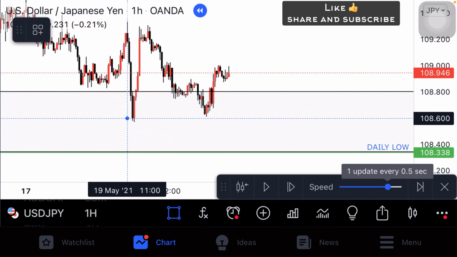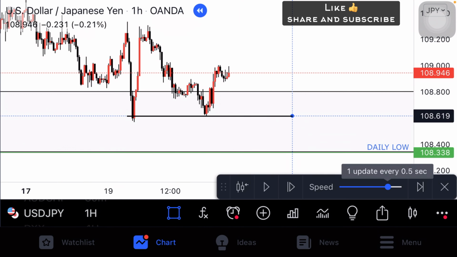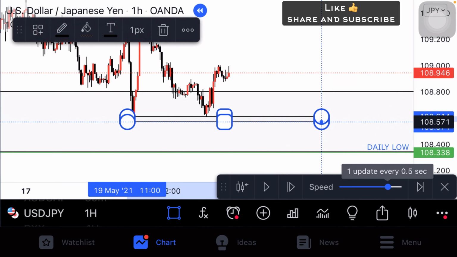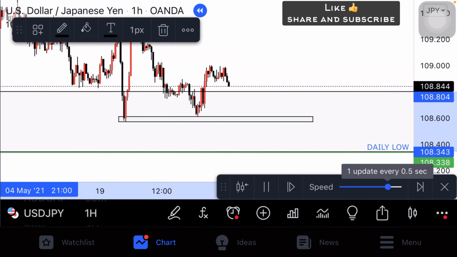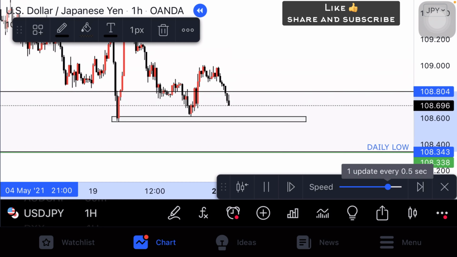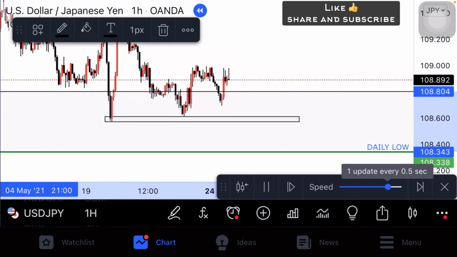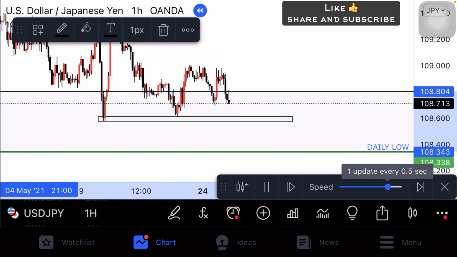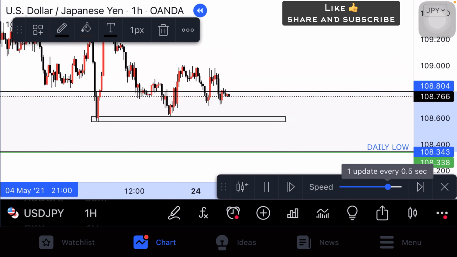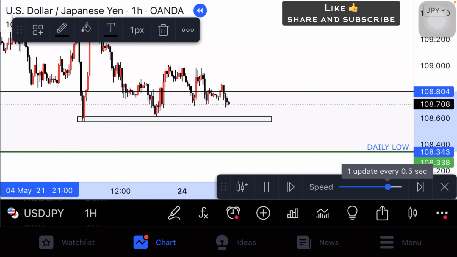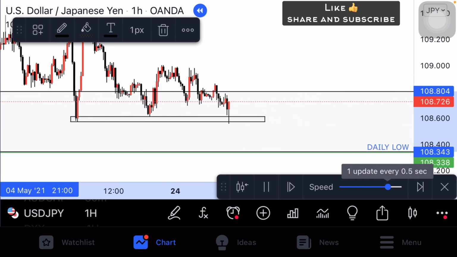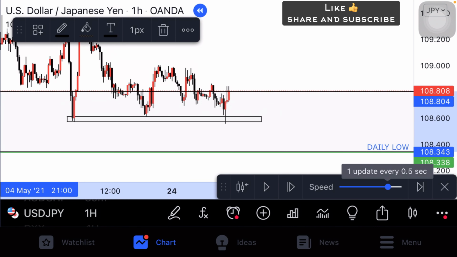When the market takes out the equal lows here, we can start looking for our entry. So let's see what it does. Still creating more equal lows. All right, so it took it out.